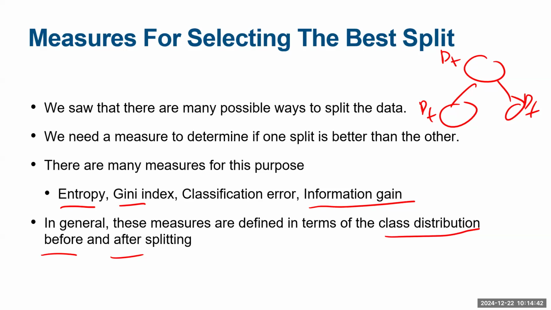Basically, we have 3 distributions. The equation for entropy lets us calculate one node. So I have the entropy of this node, and the entropy of this node, and I want to be able to combine all 3 to score the overall split.